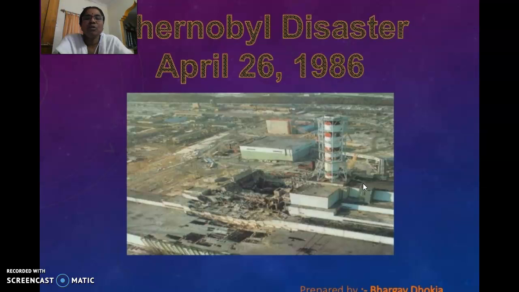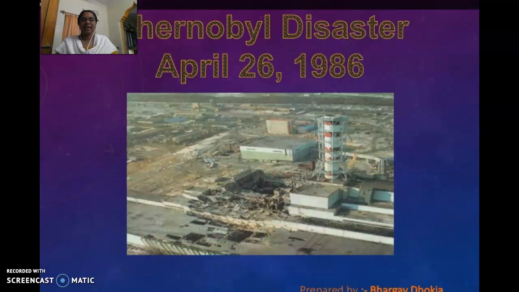The Chernobyl disaster, which happened on April 26, 1986.